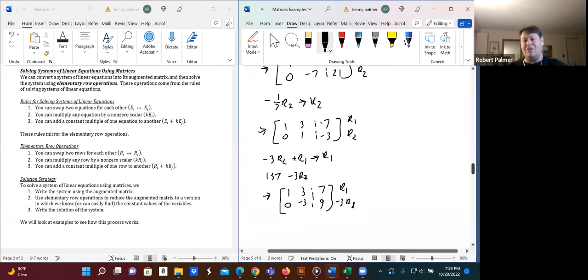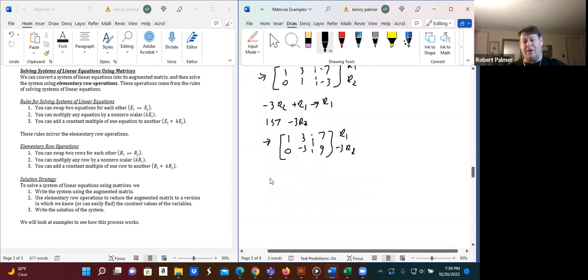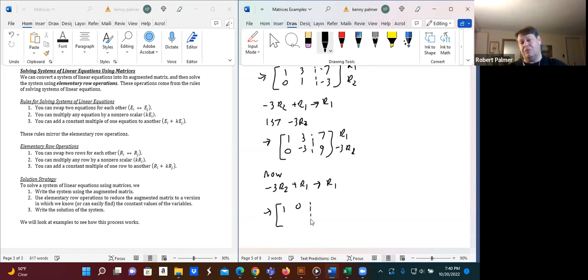And now let's add those and replace row 1 with that. So -3 row 2 plus row 1 goes to row 1. And that will basically give me what I want. Now if I add those, 0 and 1 is 1. -3 and 3 is 0.